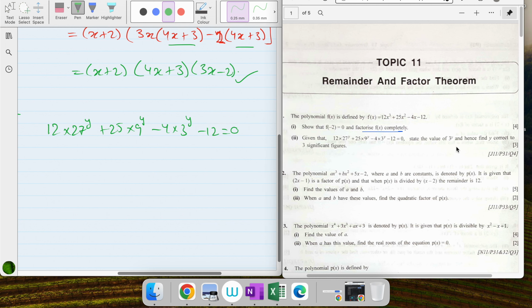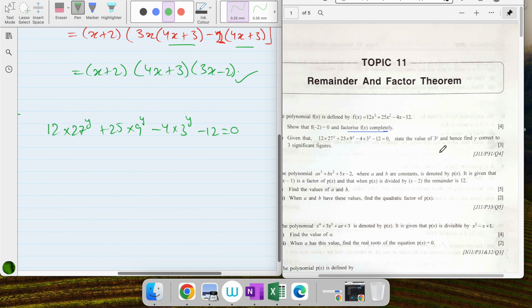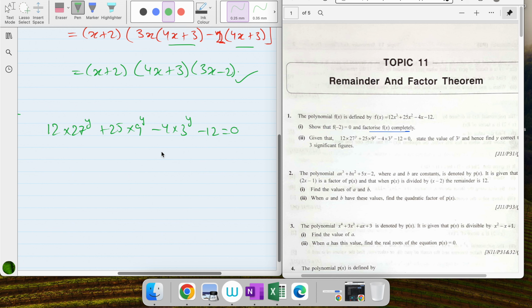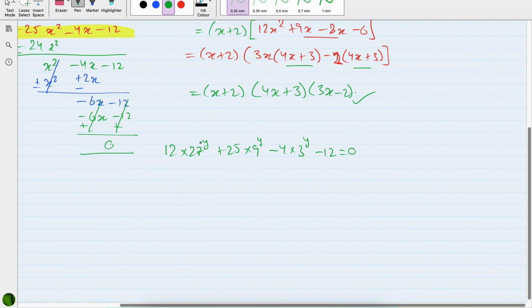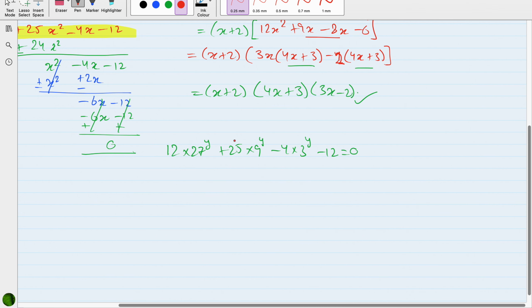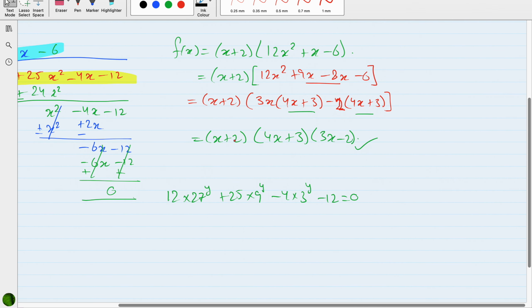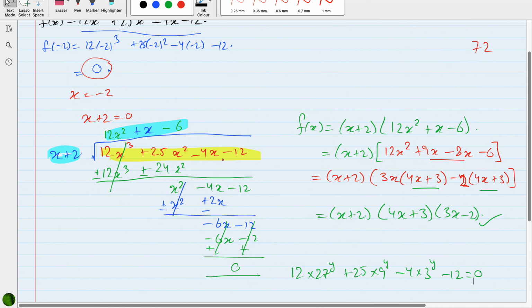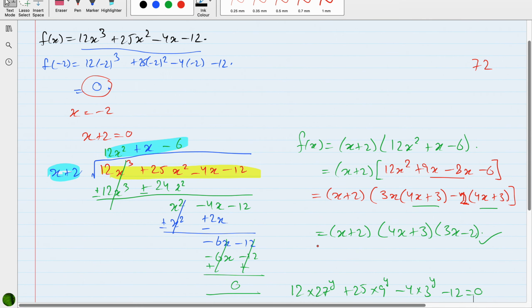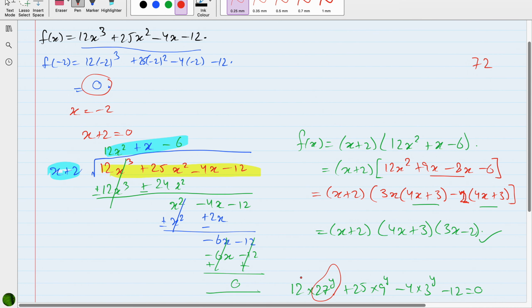So it says state the value of 3 raised to power y and hence find y correct to 3 significant figures. So I have to state the value of 3 raised to power y. So what do we do? We do it by comparison. We had the original question, and if you just compare it, you see these values are in place of x. 12 was already there, 25 was already there, minus 4 is already there, minus 12 is already there.